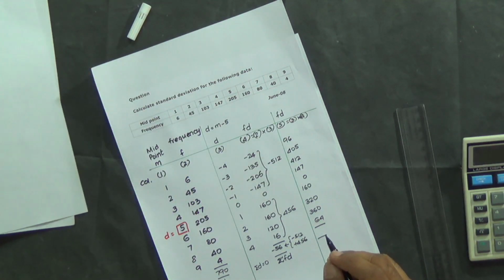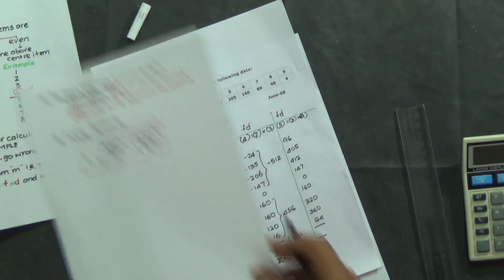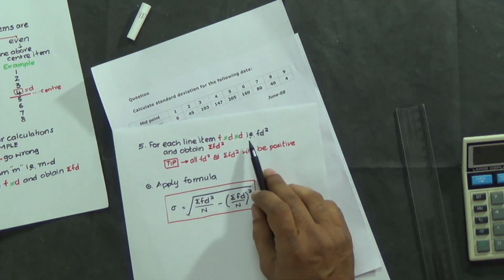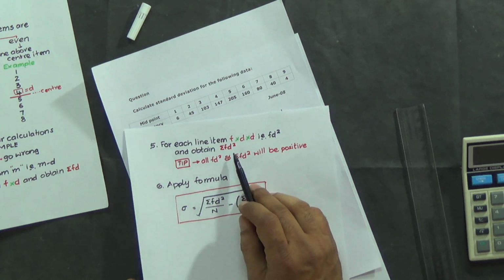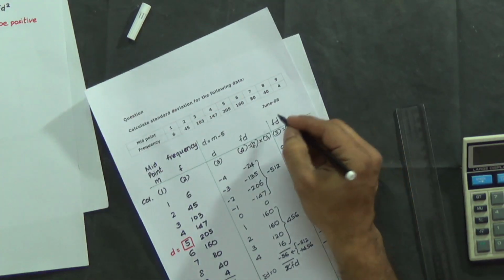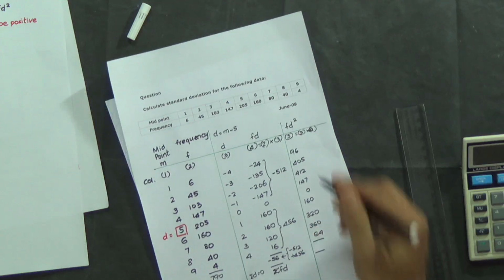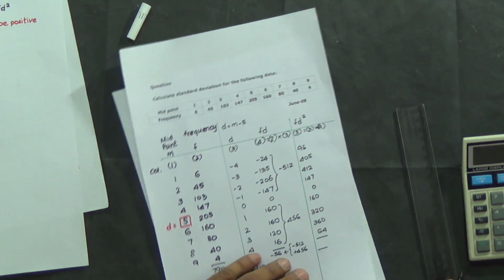Our next step is to obtain sigma FD squared. Take a total of this, sigma FD squared.